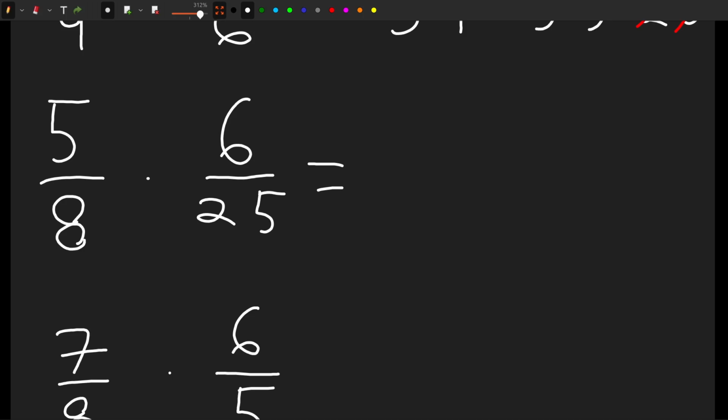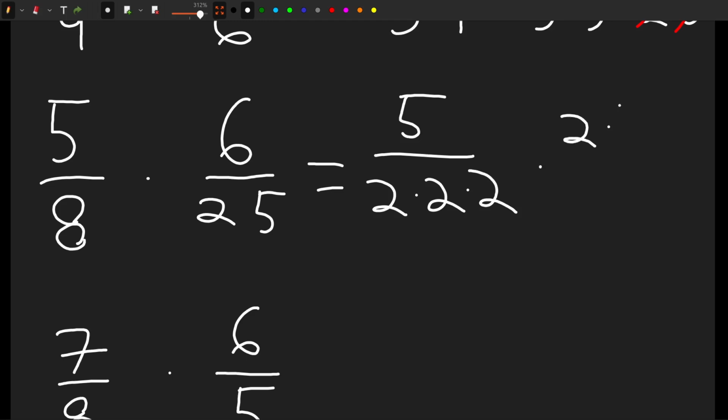I prefer to do the prime factorization first because it allows me to work with smaller numbers. So on my first fraction, I'm going to have 5 over 2 times 2 times 2. And then 6 becomes 2 times 3. And 25 is 5 times 5.